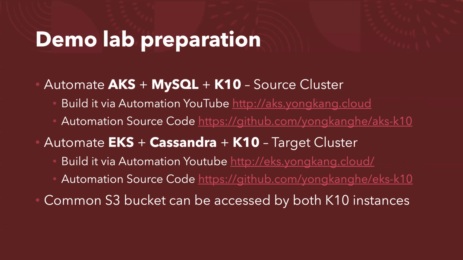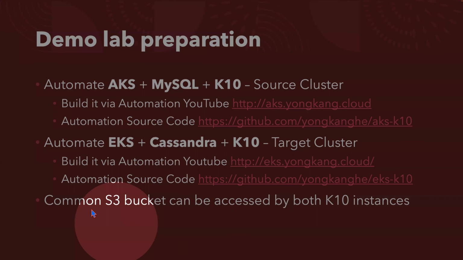Secondly, I will create a target cluster based on Amazon EKS, which comes with a Cassandra database and has Kasten K10 pre-installed with the policy pre-configured. Last but not least, and very important, in order to migrate between both clusters, you need to be able to access a common storage bucket, S3.